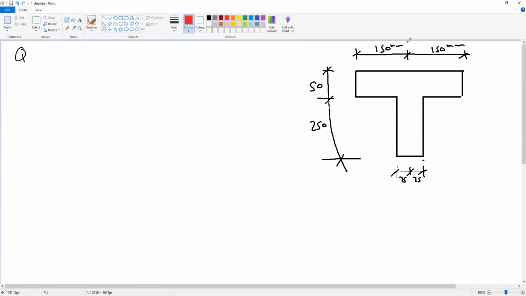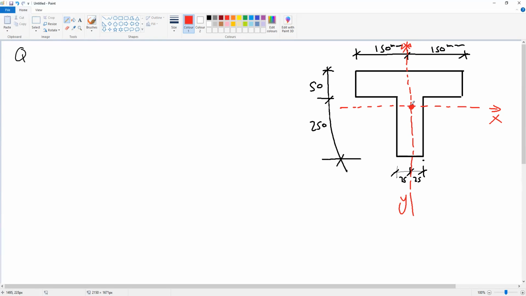the vertical axis, the y-axis here, is the axis of symmetry. This is the y-axis, and the x-axis is unknown for us because the x-axis is not an axis of symmetry.